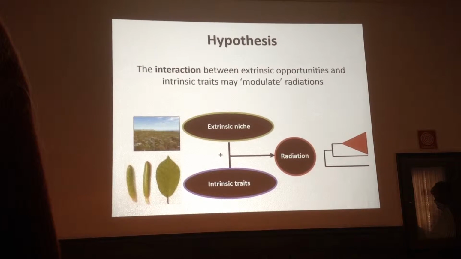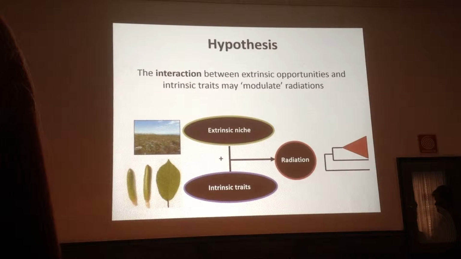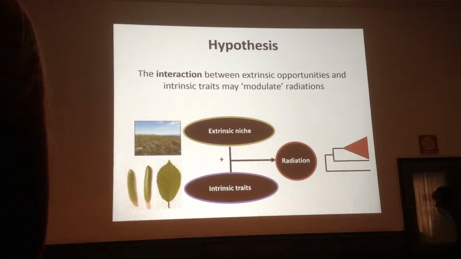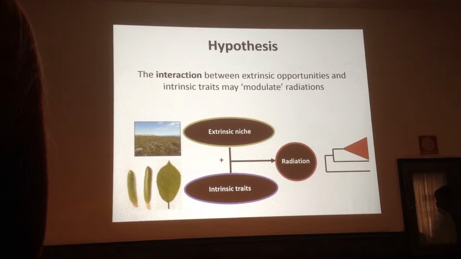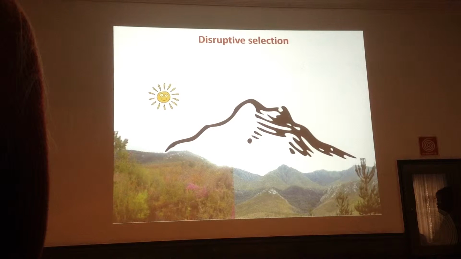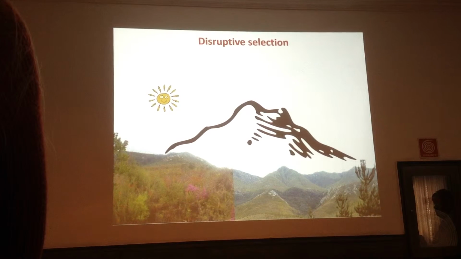So for example, when a lineage colonizes a new environmental niche, it may evolve certain adaptations to this niche, which may lead to diversification. And if this happens in a particularly rapid fashion, it may also explain the radiation. To illustrate this, disruptive selection may be the underlying process leading to divergence between lineages during radiation.